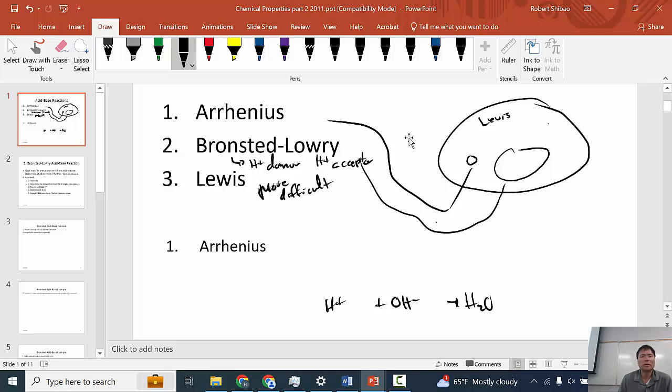Lewis's electron pair acceptor is the acid, and the base is electron pair donor. This is the acid. This is the base. Proton donor is the acid. In Bronsted, proton acceptor is the base.